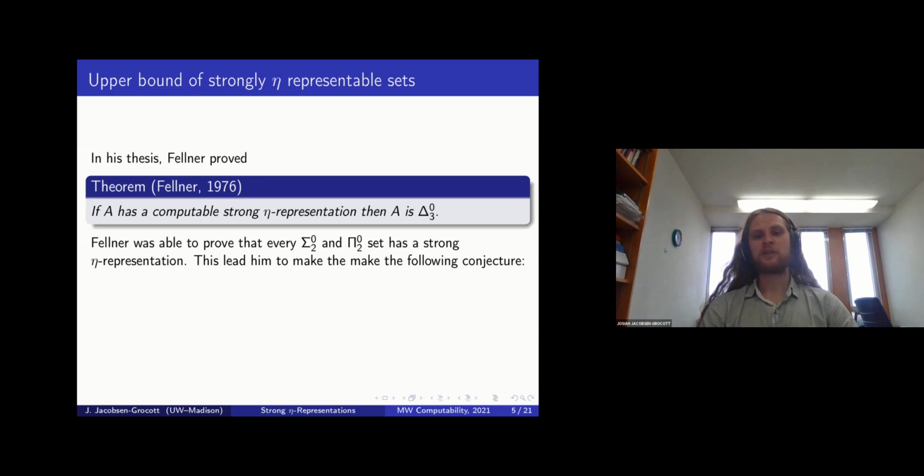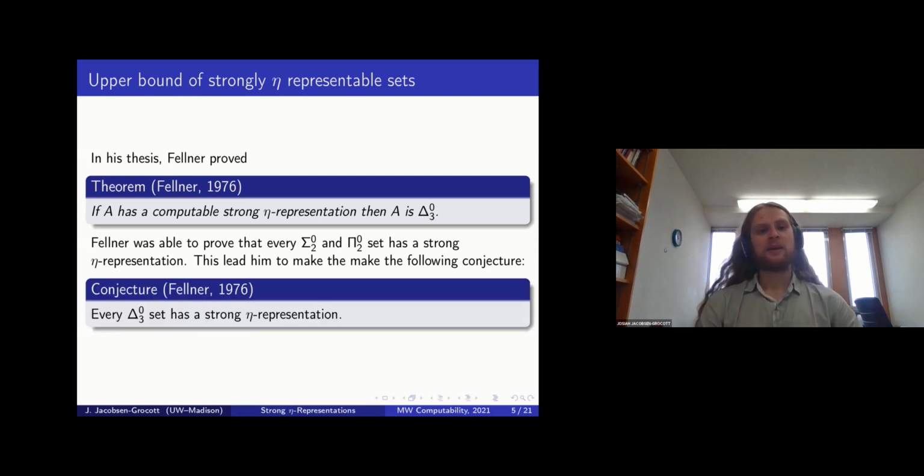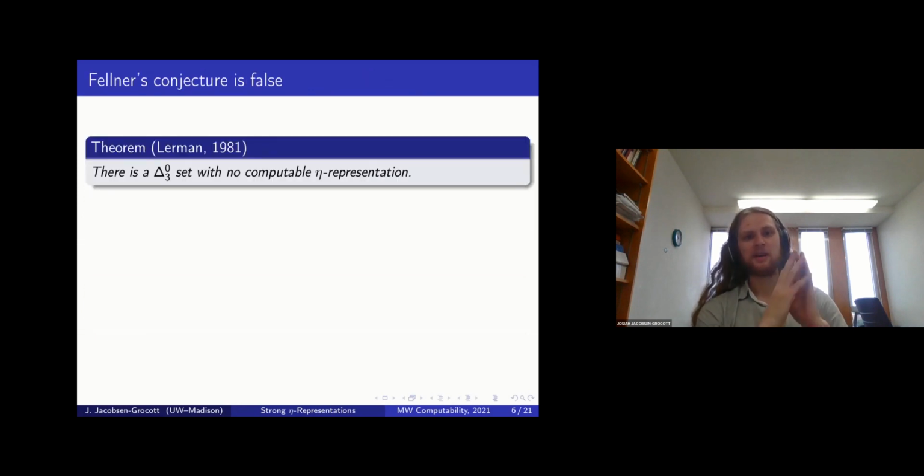So he made the conjecture that every Delta^0_3 set has a strong eta representation. However, Lerman was able to show that this is not true. There is a Delta^0_3 set with no computable eta representation, not even a strong one, just no computable one.